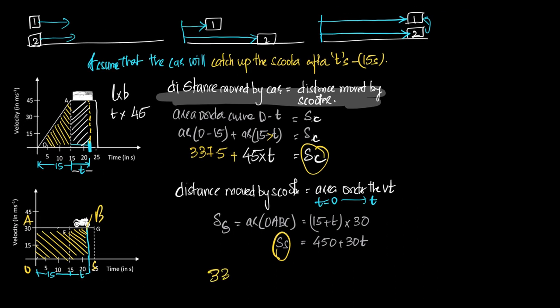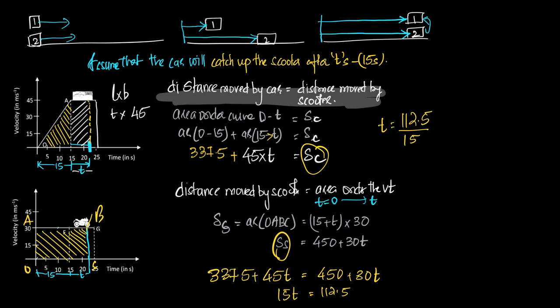We get 337.5 plus 45t is equal to 450 plus 30t. So 45t minus 30t is 15t. So 15t is equal to 450 minus 337.5, which is 112.5. So we have t is equal to 112.5 divided by 15.